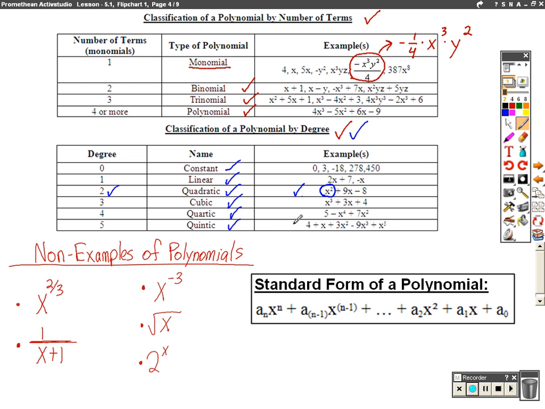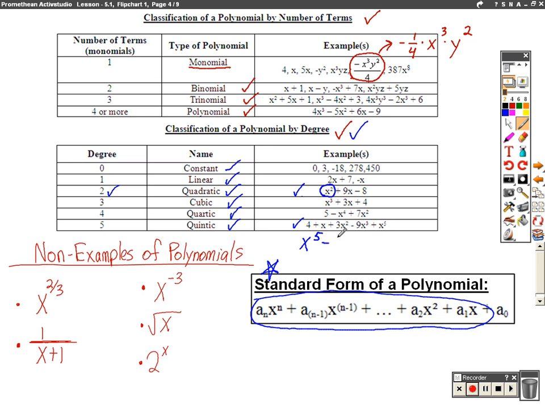And looking at this example here for a quintic function, you're not going to want to write a polynomial like that because it's not in what's called standard form. I know this form right here looks a little confusing for standard form of a polynomial, but basically what it means is you just put the term of largest degree first. So my x to the 5th is my term of largest degree, so I would write that first.